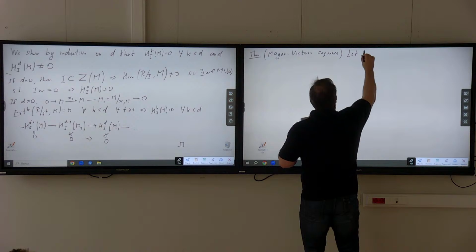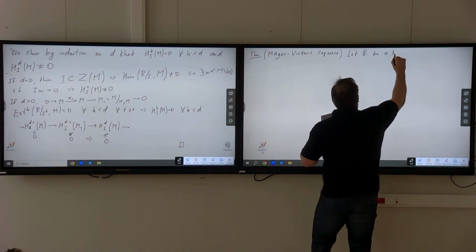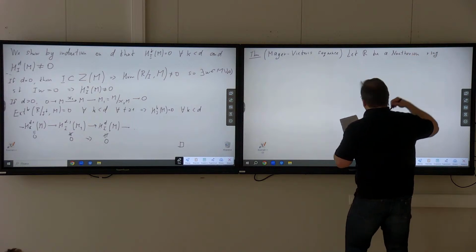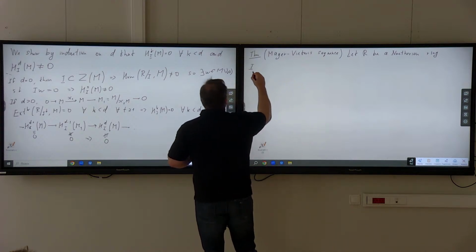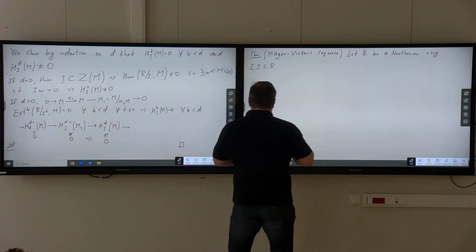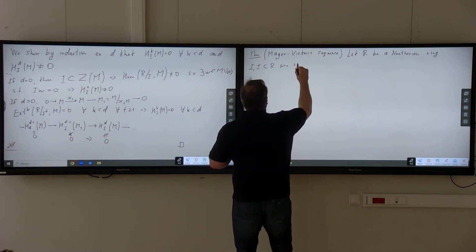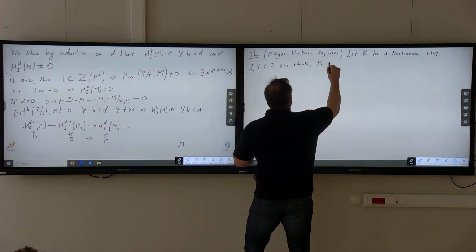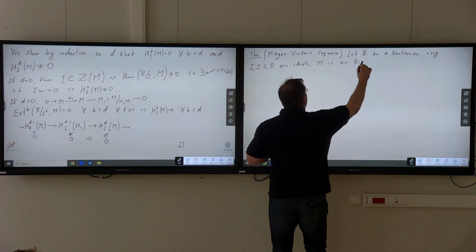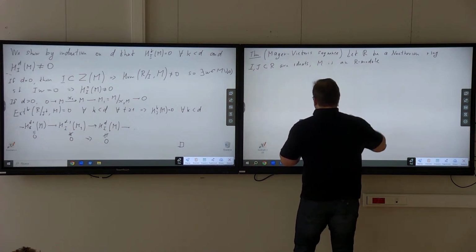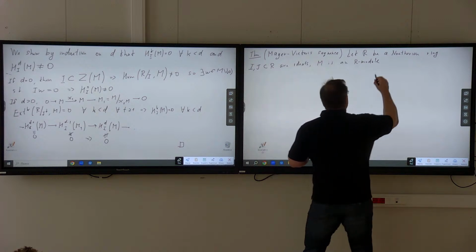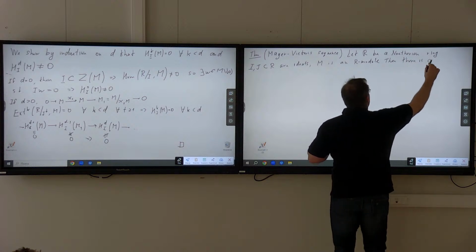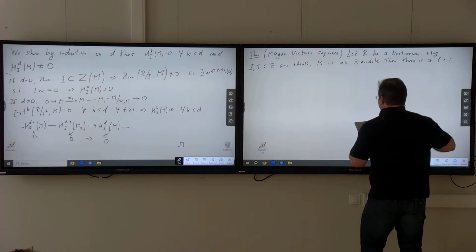So let R be a Noetherian ring, I and J two ideals, and M an R-module. Then there is a long exact sequence.